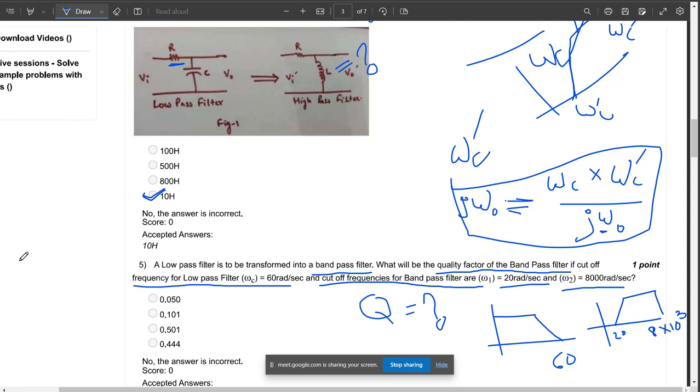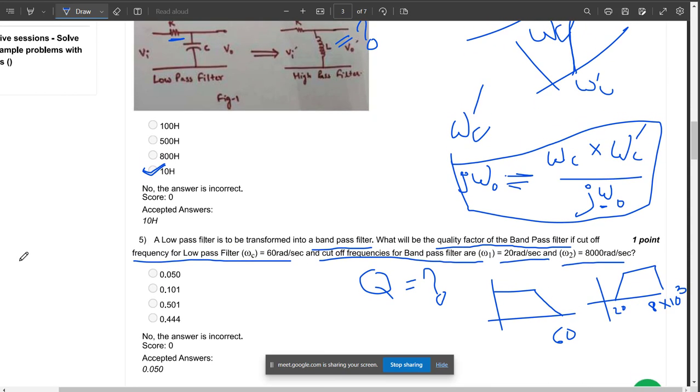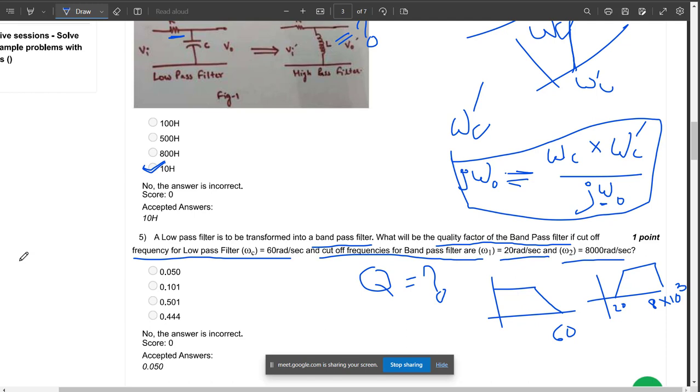Okay, so how are you saying option A? Yes, option A is the correct answer. Based on the formula. What is the formula? We have Q equal to omega naught by delta omega.